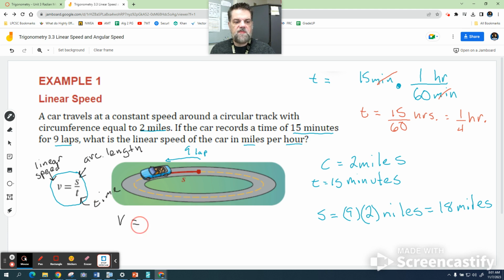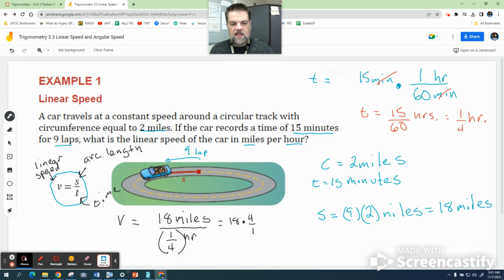So my linear speed is equal to my arc length, which in this case is 18 miles per 1/4 of an hour. And so remember that when you divide by a fraction, it's the same as multiplying by the reciprocal. So I get 18, well, let's write it this way. 18 times 4 over 1.